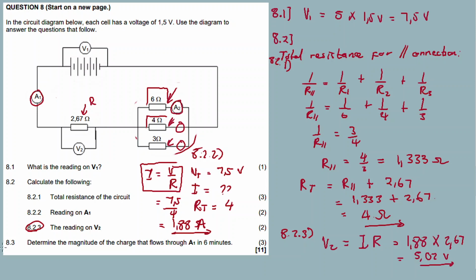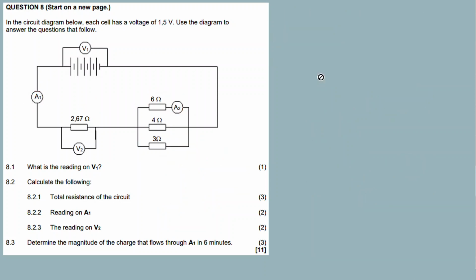Alright, for the last question, 8.3, determine the magnitude of the charge that flows through A1.